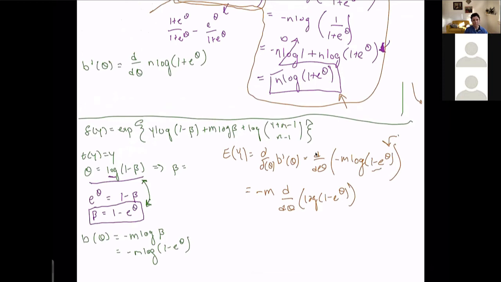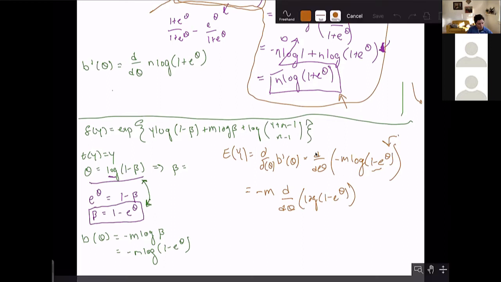So my inner function is 1 plus e to the theta, and then my outer function is log of x, basically, right? Yeah, that's right. Then the first thing I've got to do is take the derivative of that log with respect to my inner function, which, the log of x is equal to 1 over x. Yeah, that's right.